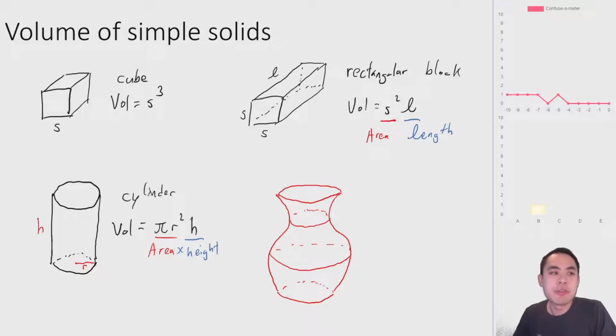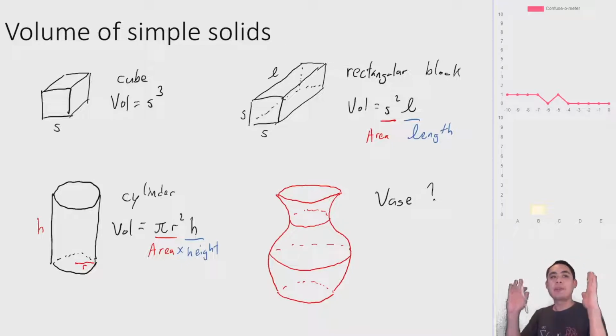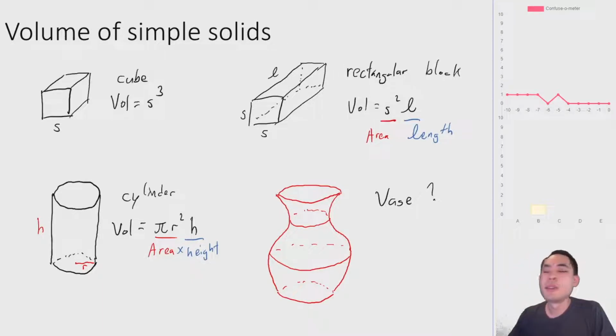How much volume does that vase contain? Well, now this is a little bit harder, right? Because you can't just look at the height or the area of each individual slice, or maybe you can.